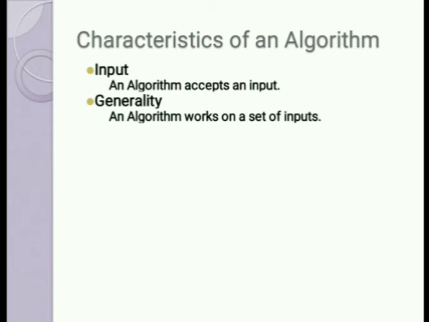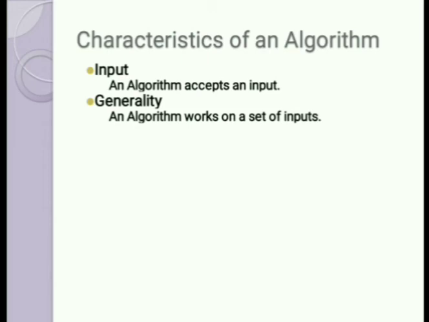For example, if you are writing an algorithm for adding two numbers, whatever value you substitute for A and B, your algorithm should be able to give the output. If you give a negative number, it should also be able to give the addition. Whatever values you give to the algorithm's input, it should give the correct result.